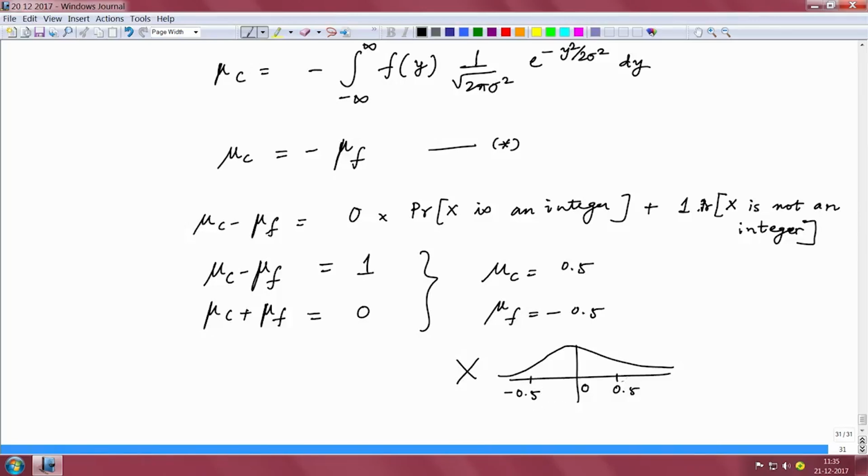Both of them are equally opposing each other, so that the mean of the continuous random variable x is 0. So, this ceil function will be centered around here, and the floor function will be centered around minus 0.5.